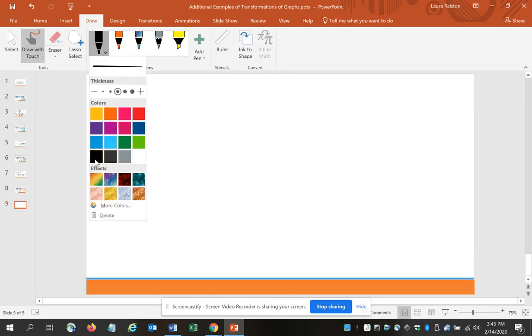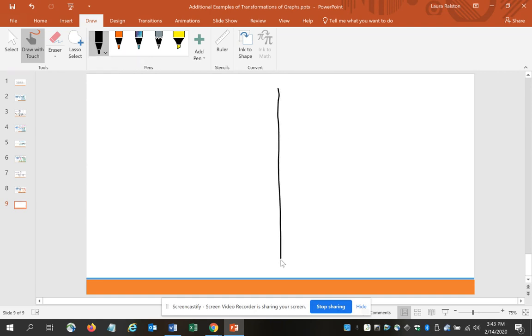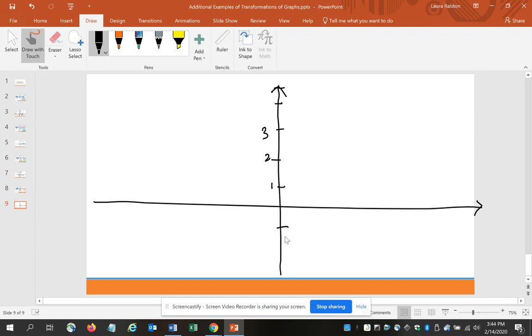Okay, here we go. All right, so we have our vertical axis. And 1, 2, 3, 4, 5. Okay, these are ones. Then you have negative 1, negative 2, negative 3. All right, we're going to start on the left, and we're going to start at negative 3 pi.